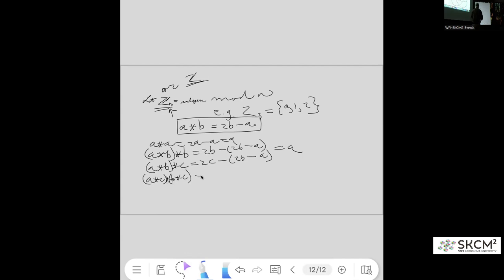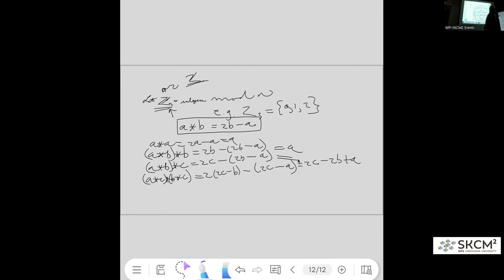Then we're going to get 2 times (2c minus b) minus (2c minus a). Now look at these two. You get 4c minus 2c, which is 2c. And then you get minus 2b plus a. And of course, these are equal. So it's true that if you take the integers or the integers mod n, and you define a times b to be 2b minus a, you get a quandle.